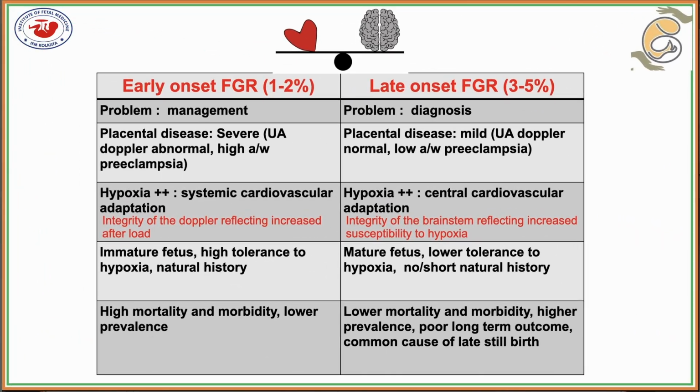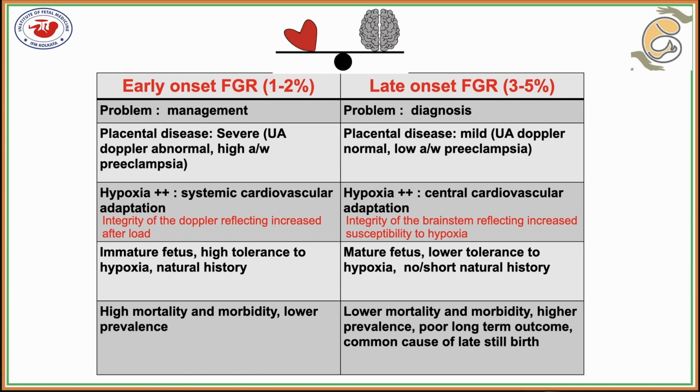Okay. Now, there are 2 components, or 2 different stages, when you look at FGR, but most of the time they are in a continuum: early onset and late onset. Last time Ankur described that in early onset the problem is basically the management, not the diagnosis, and in late onset the problem is diagnosis, not the management.